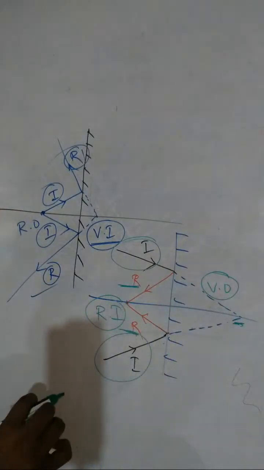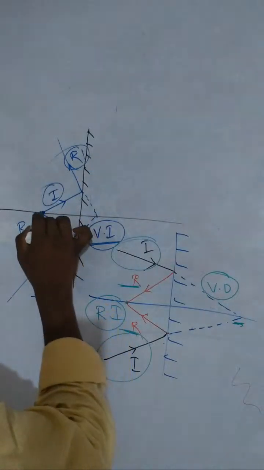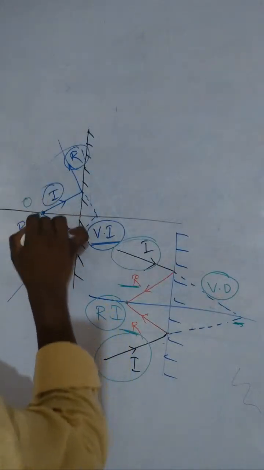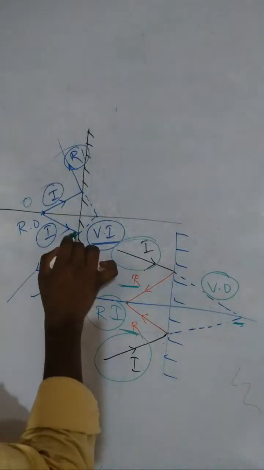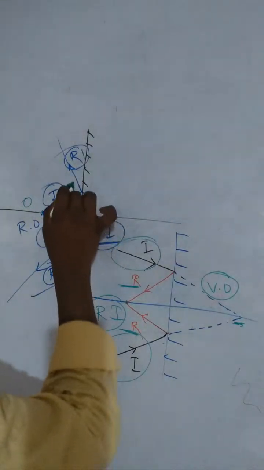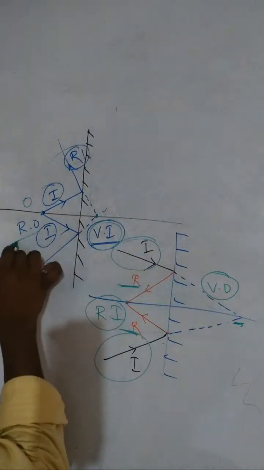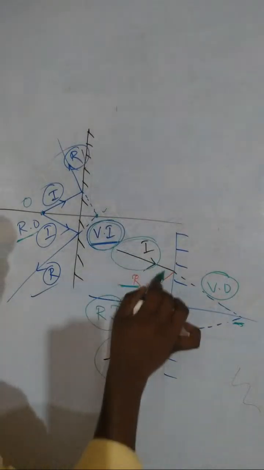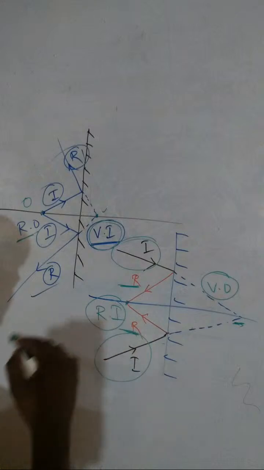By seeing these two diagrams, you can conclude that from the object, light rays are coming. After reflection, if you extend those reflected light rays, they meet at one point. That's why that is a virtual image and a real object. Whereas when light rays are coming from infinity, after reflection those light rays meet at one point.